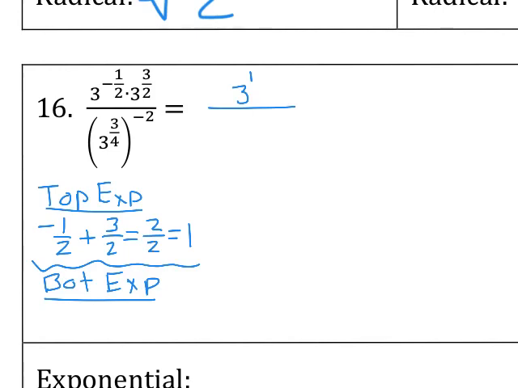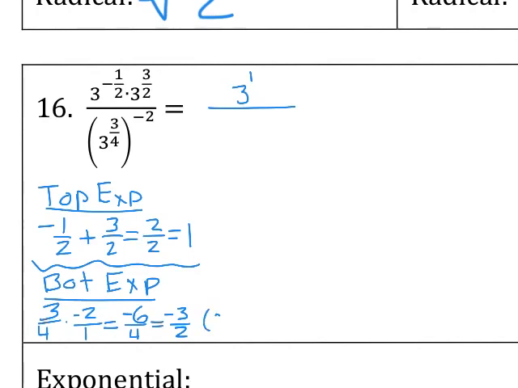Okay, we're multiplying the exponents, right? Because it's a power to a power. So we're multiplying the exponents. So I have 3/4 times -2 over 1. So that would be -6 over 4, which reduces to -3 over 2.